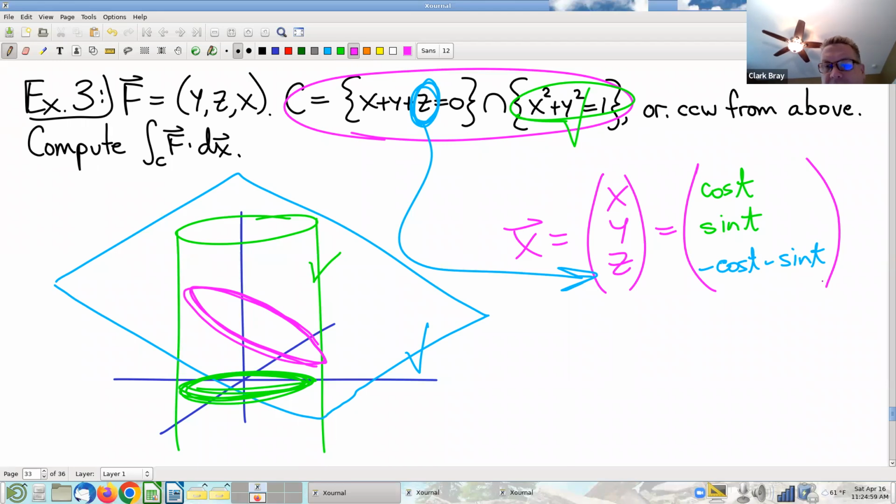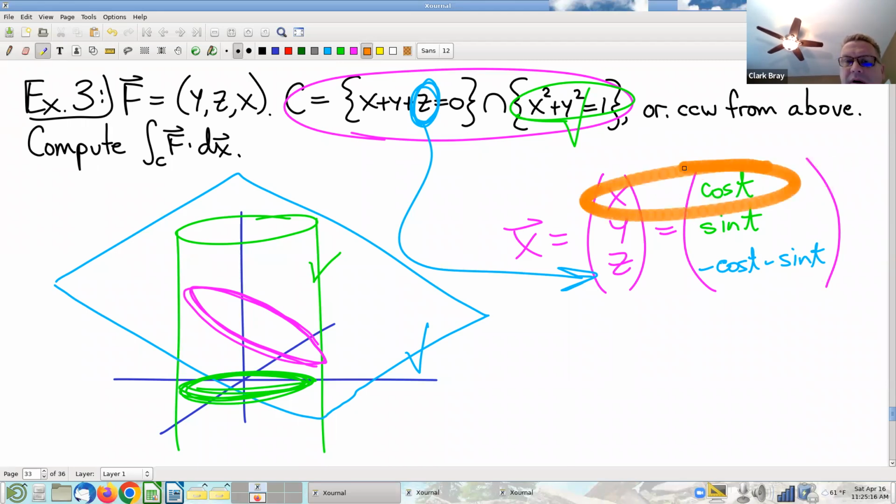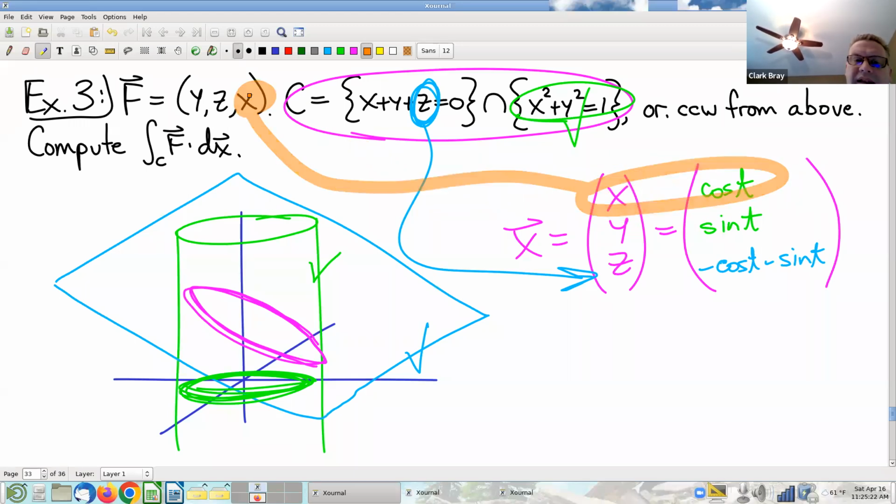I haven't thought about the orientations, but I think that is the correct orientation. It's not that hard to parameterize. And that means that when you plug in, that x there in the vector field is just cosine t. It's not bad.